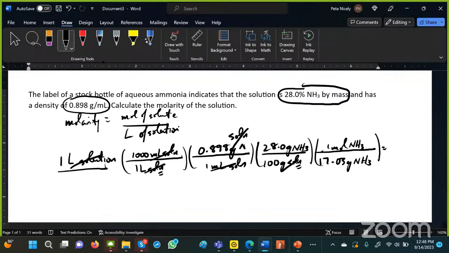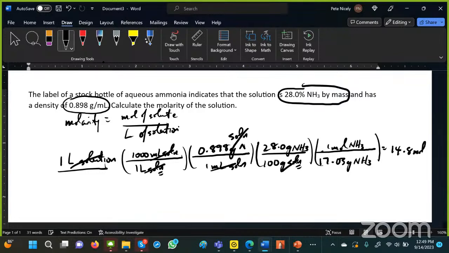So 1,000 times 0.898 times 28 divided by 100 divided by 17.03. And according to my calculations, this works out to be equal to 14.8 moles. All right.